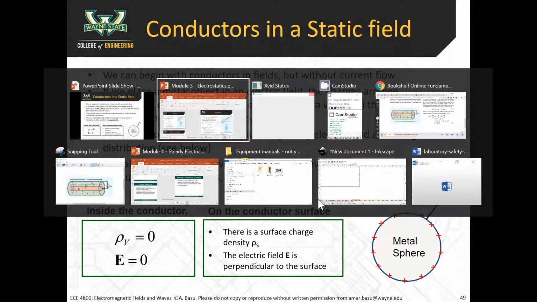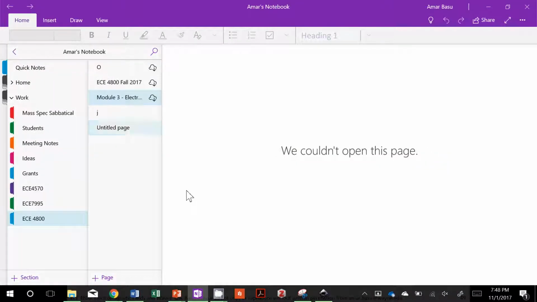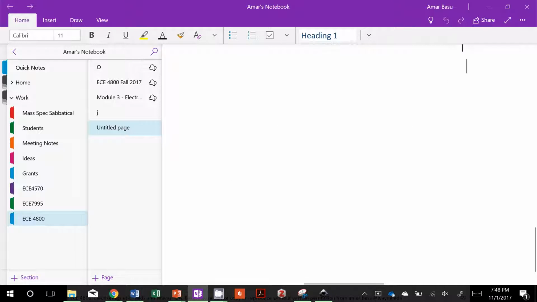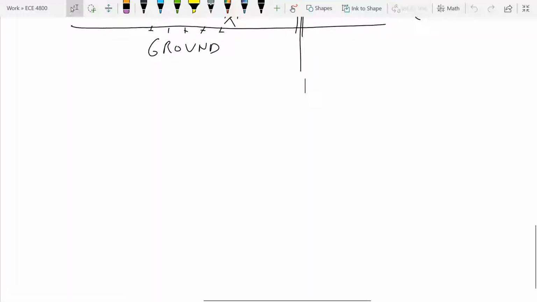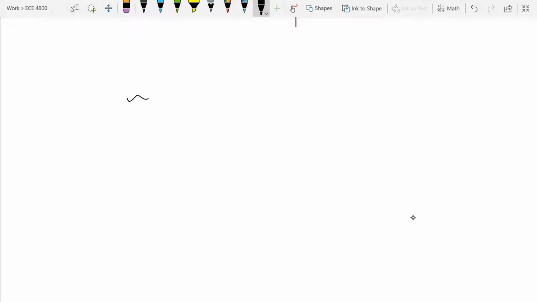One way to think about this, and I talk about this in my 4570 class, is to say we have a material here and we put a voltage across it.